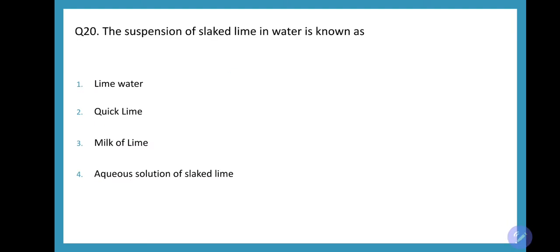The suspension of slaked lime in water is known as what? It is known as milk of lime. The process taking place is CaO plus H2O gives calcium hydroxide, Ca(OH)2, plus heat.